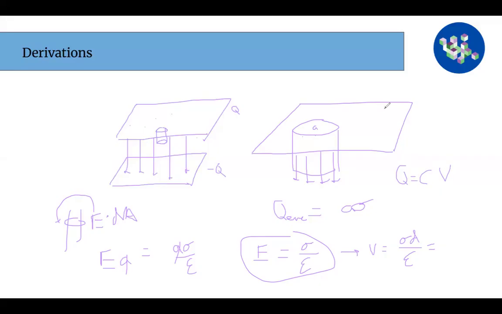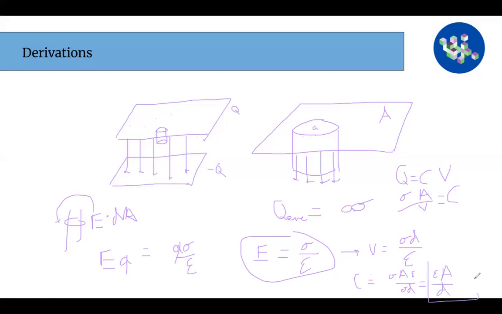If the plate has an entire area of big A, then sigma times A divided by V will be equal to C. So C would be equal to sigma A times epsilon zero over sigma d, and this equals epsilon zero A over d.